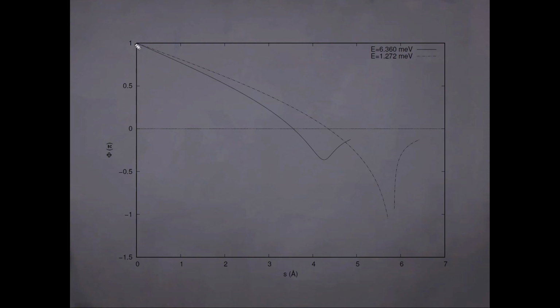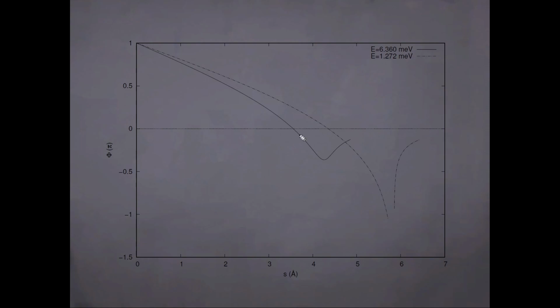So the particles would be completely repelled by the field. Then, as the impact parameter begins to increase, the deflection angle decreases. At some value, it crosses zero. This is the point where the particles in the beam fly undeflected by the field.